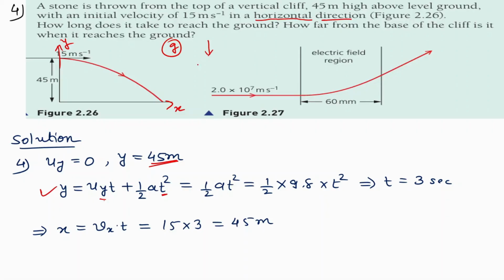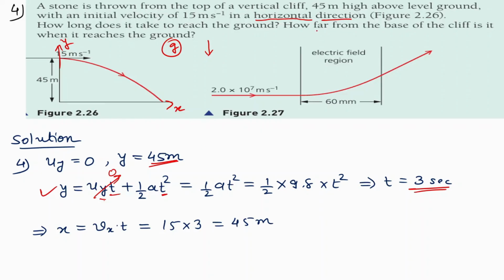I hope you keep that in mind. Put the value of y over here. uy is equal to 0, the initial velocity in the vertical direction. We need to find t. So this term goes to 0 because uy is 0. Half g t square is equal to y, and you will get the answer 3 seconds.